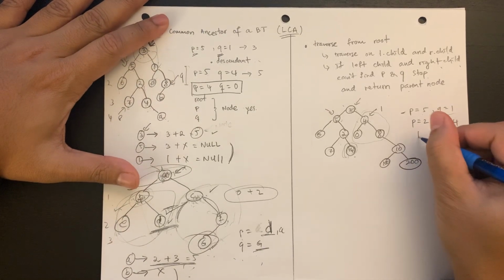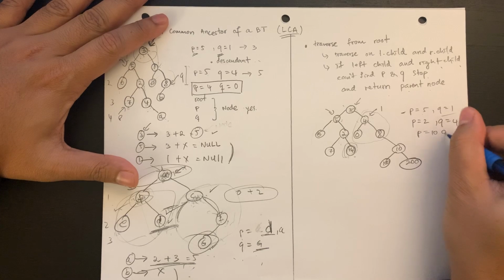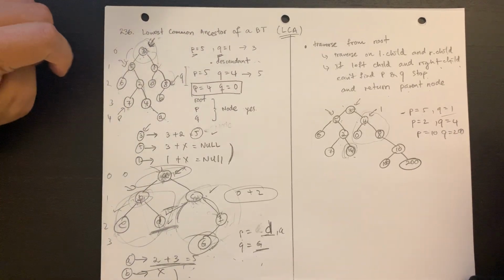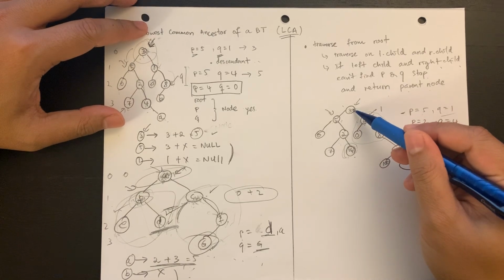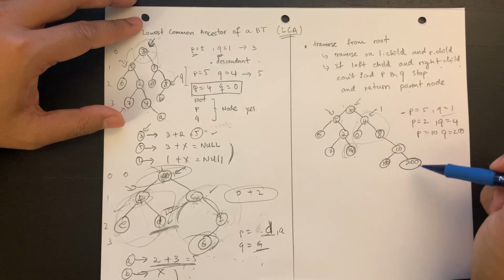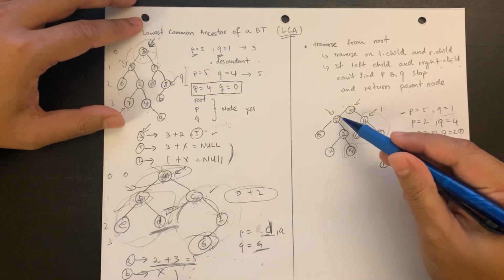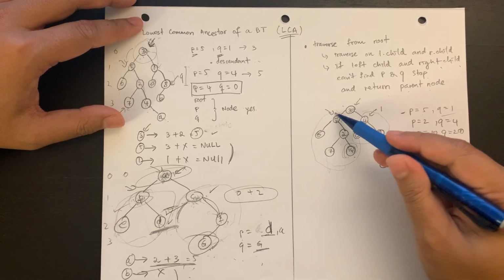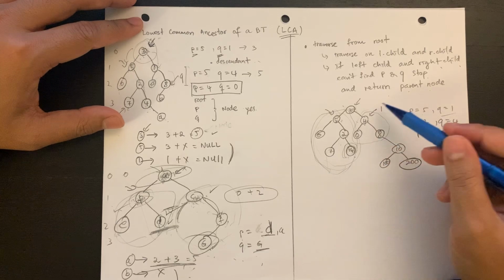Let's say that if P is equal to 10 and Q is equal to 100, so it traverses through here. Can find it, yeah. Traverse through here. Can't find it, so it stopped right here. So stop.